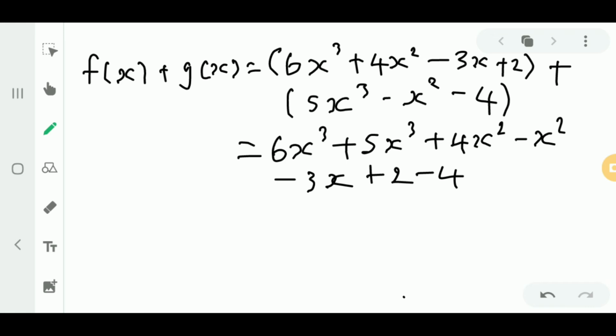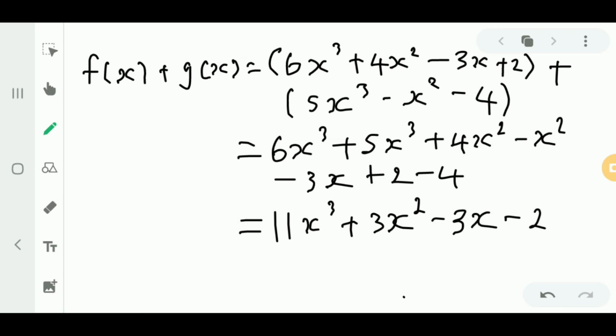So for x cubed, it's 6 plus 5, which gives us 11x cubed. 4x squared minus x squared gives you plus 3x squared. You don't have any other x term other than the minus 3x, so we'll put that back. And we have plus 2 minus 4, that gives you minus 2. And that would be your answer.